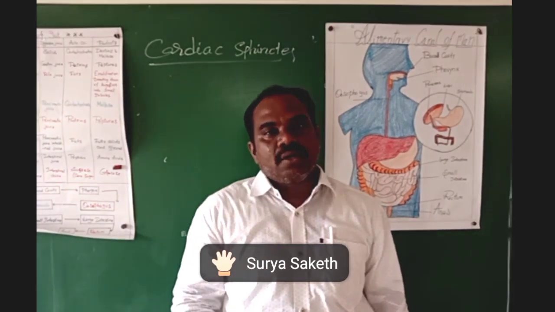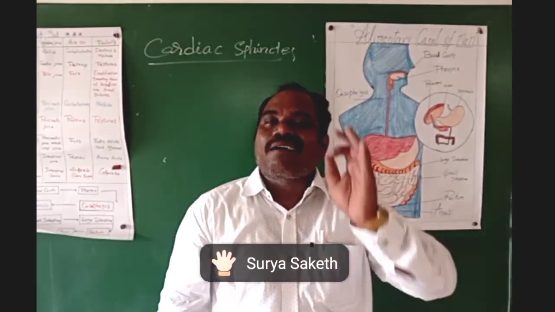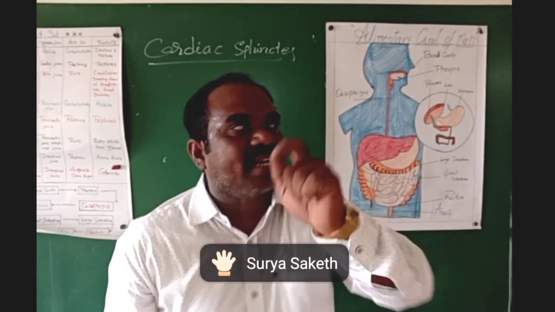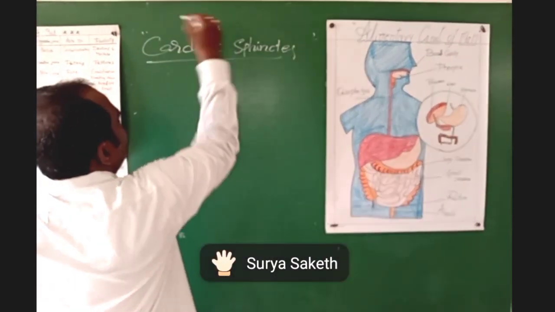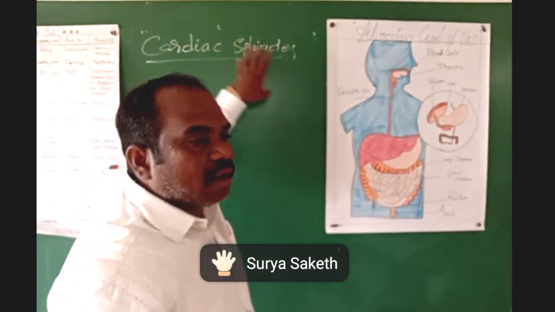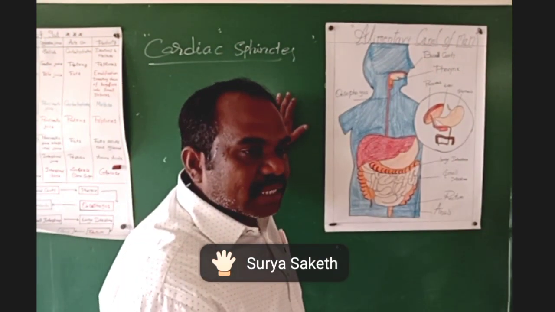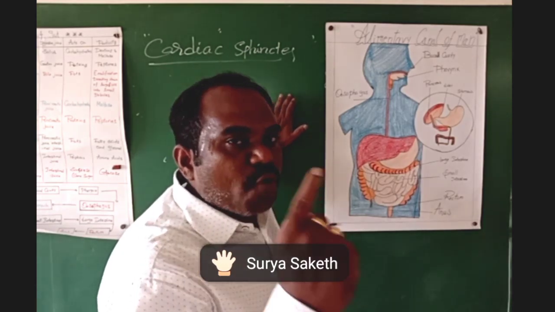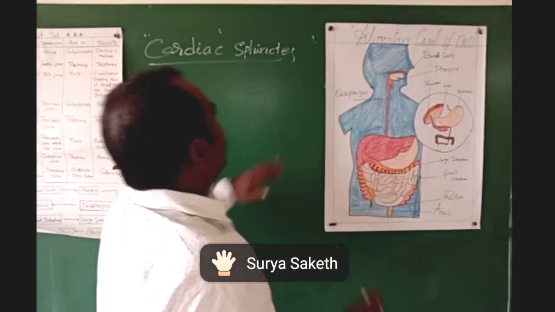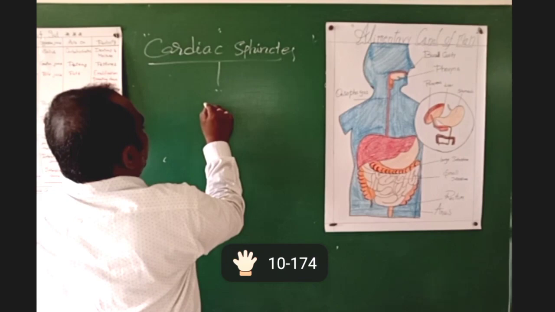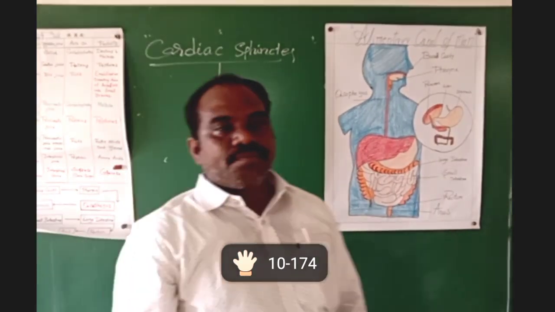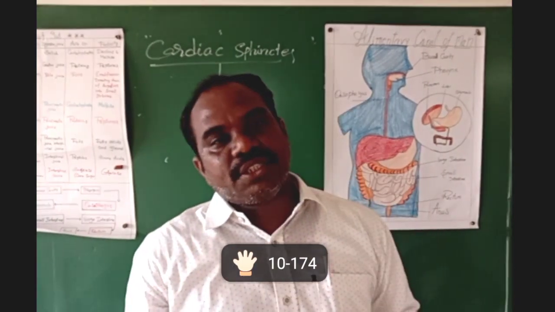At the stomach opening, one of the sphincters present is known as the cardiac sphincter. It regulates, meaning allows, the food materials from esophagus to stomach. In the walls of the stomach, muscles and mucous membrane are present.